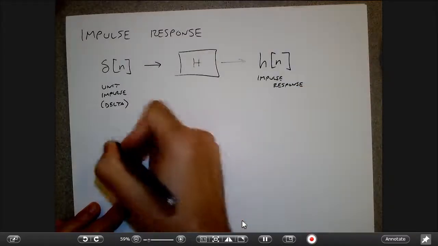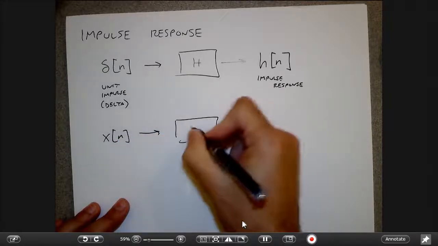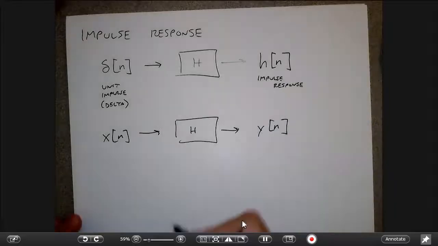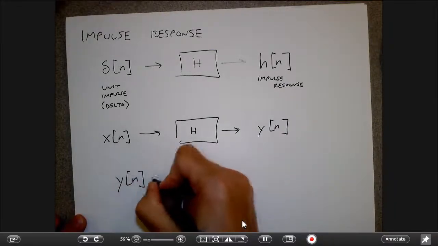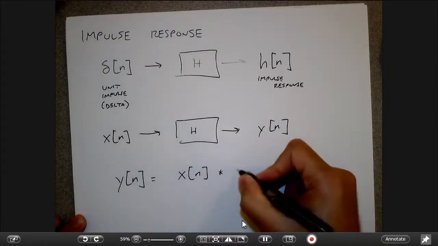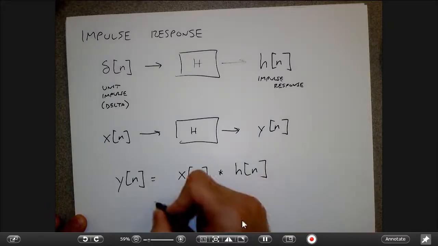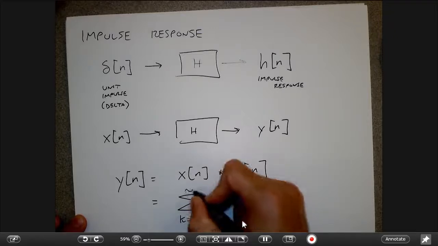And I wanted to know what would happen if I put an arbitrary signal into the system and got its arbitrary output. We showed that this output was what was called the convolution of the input with the impulse response. And that convolution was defined as this kind of complicated formula.